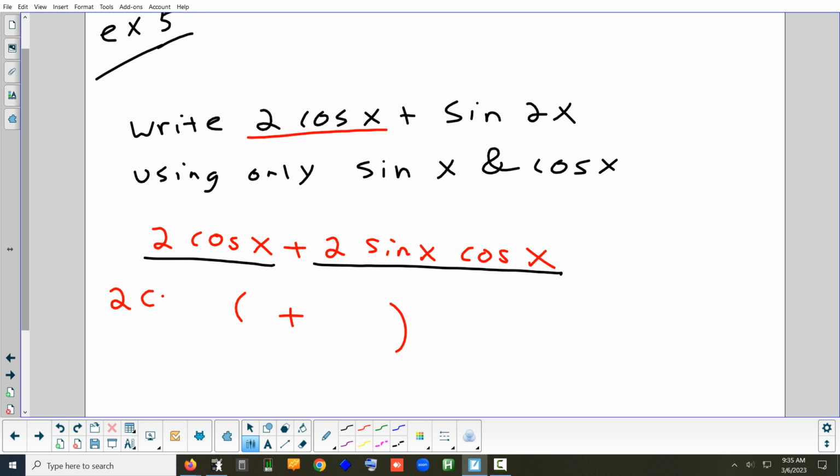They both have a 2 and a cosine x. If you factor 2 cosine x out of here, what would be left right there? So when I do the distributive property, I would get back what I started with.